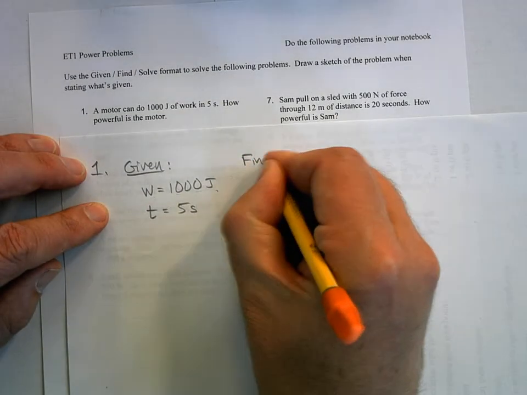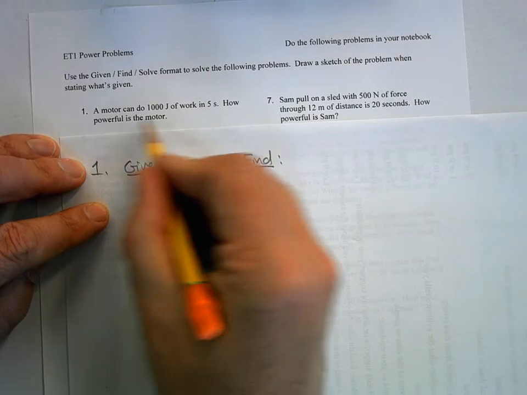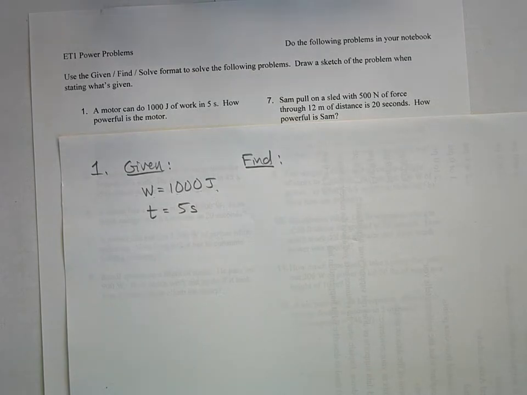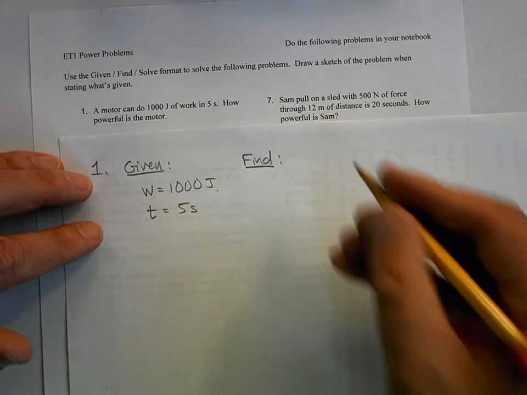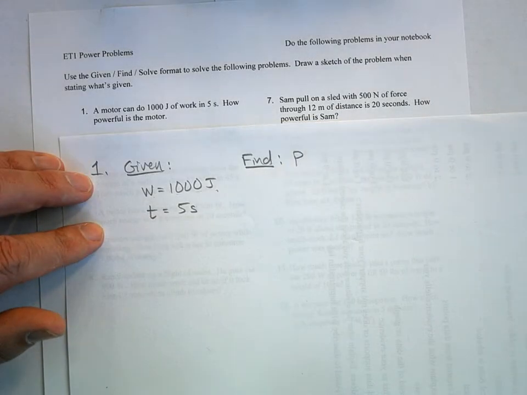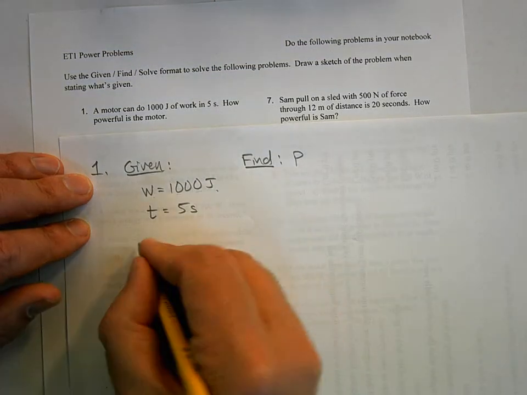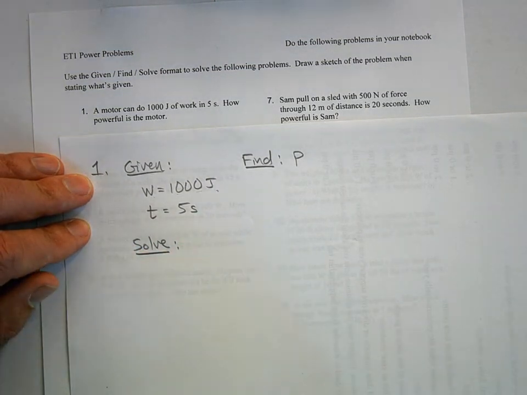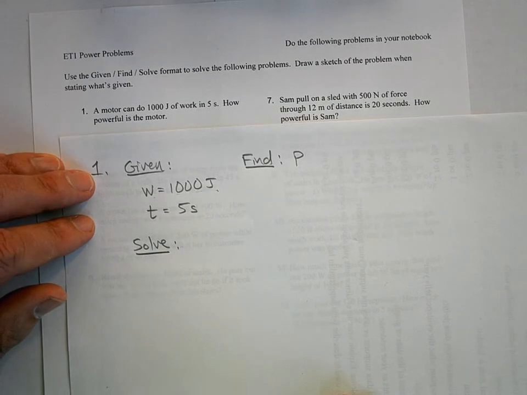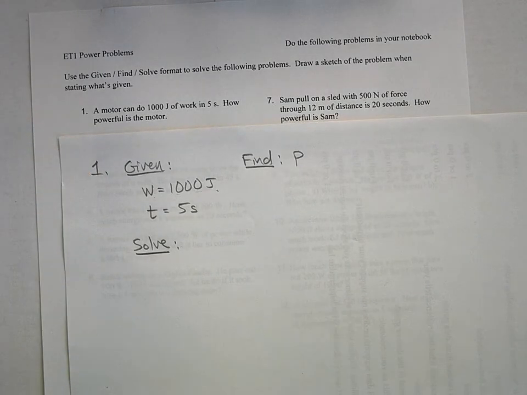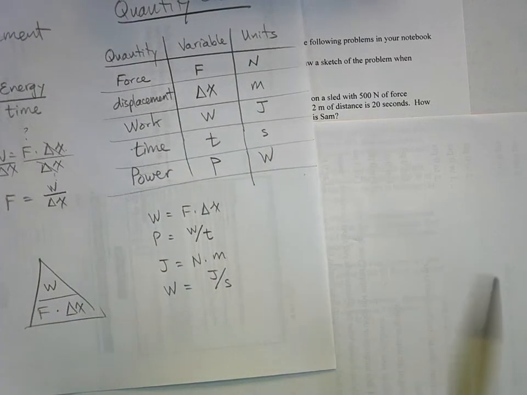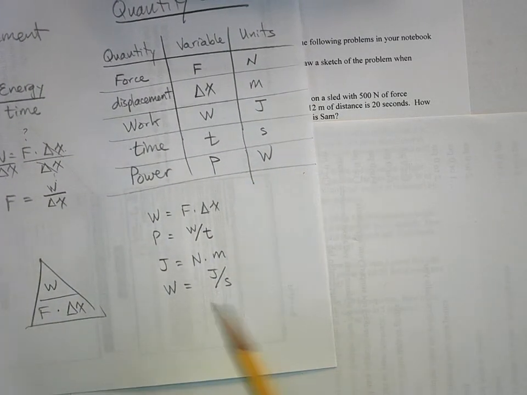Find. How powerful is the motor? So what are we trying to find? Power. And we express that with the letter P. Let's solve it. Now you look at your list of equations and what relates what we know with what we want to know.